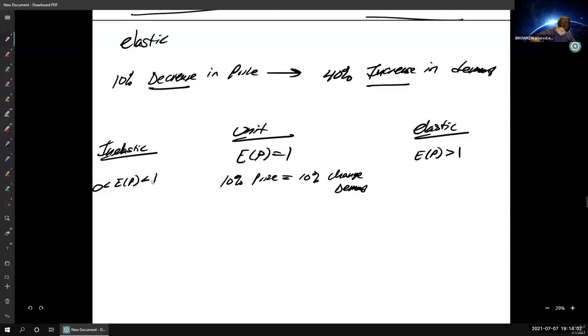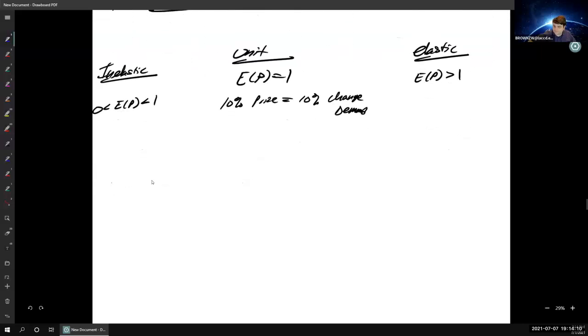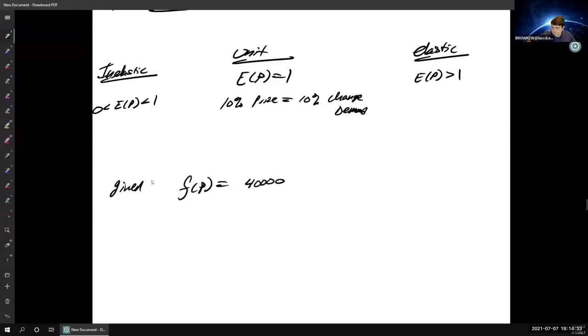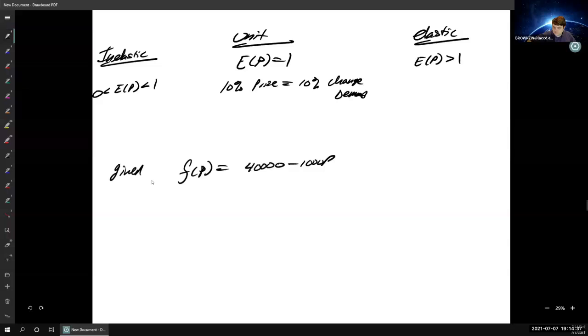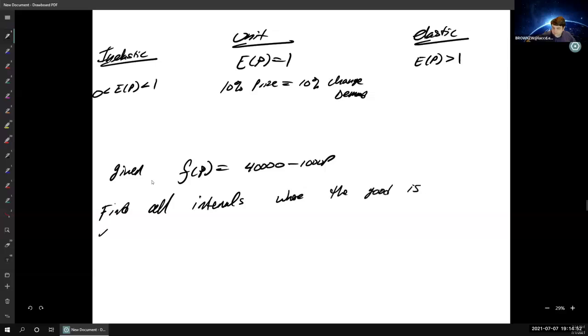Okay, so let's do another example. Given some price function f(p) is equal to 40,000 minus 1,000p, find all intervals where the good is elastic and inelastic.